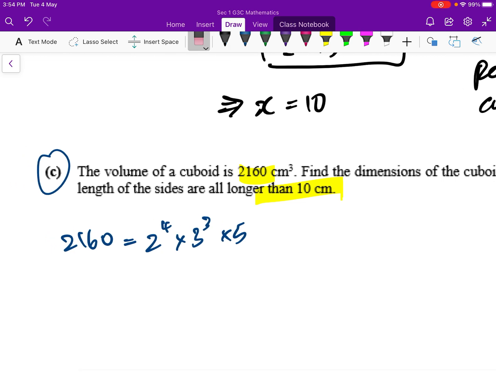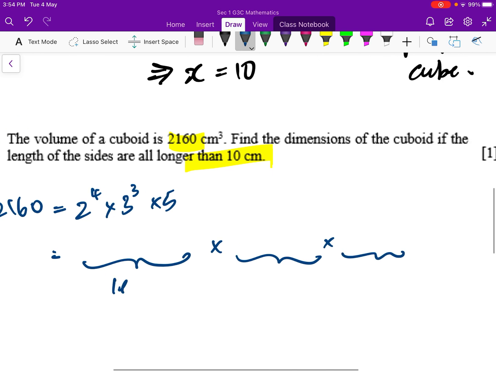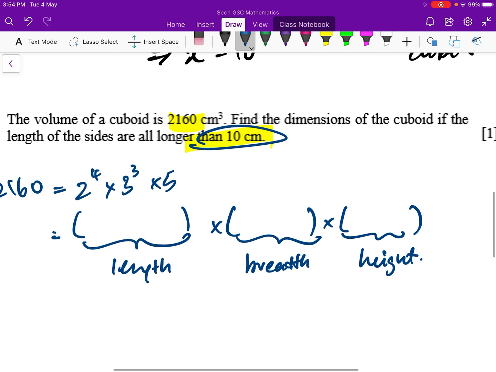Okay, so let me write this clearly. 3 power 3. We are trying to find 3 numbers that, when multiplied together, give us the length, the breadth, and the height, all of which are greater than 10 cm. So 3 numbers multiplied to each other to give us 2160, and each number is greater than 10. So what options do we have?